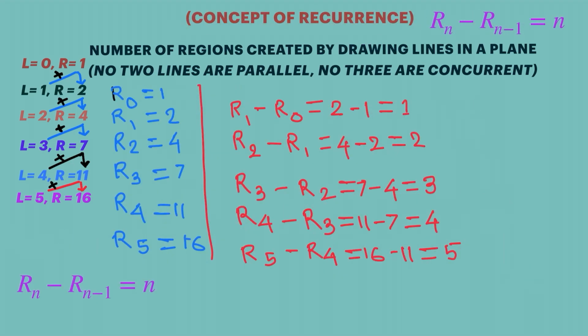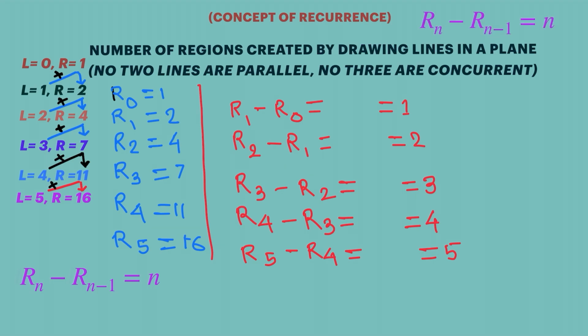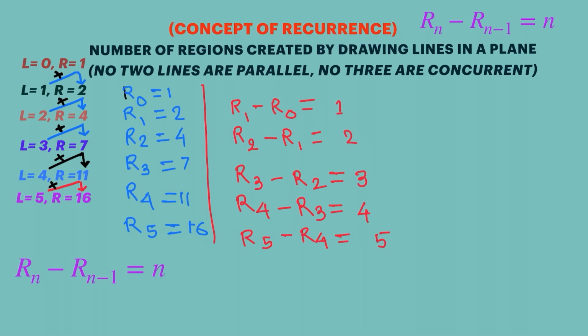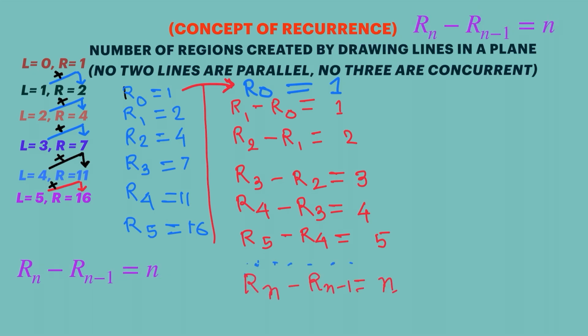And lastly, we may write on the top R0 equal to 1, also we write R0 equal to 1, and at the bottom we may write dot dot and then Rn minus Rn minus 1 equal to n.